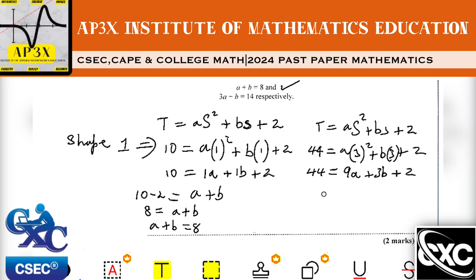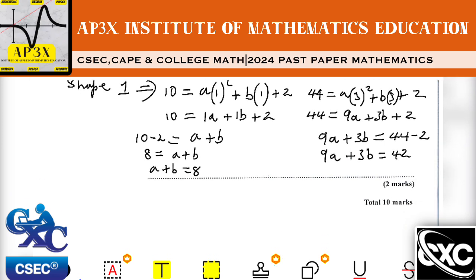All right, so if we go ahead then, 9A plus 3B, we're going to bring this 2 over here, so we end up with 44 take away 2, because we transpose this 2 to the left side. So we end up with 9A plus 3B equals 42. And so we have a divisible factor here of 3.